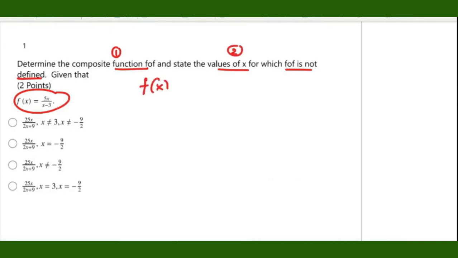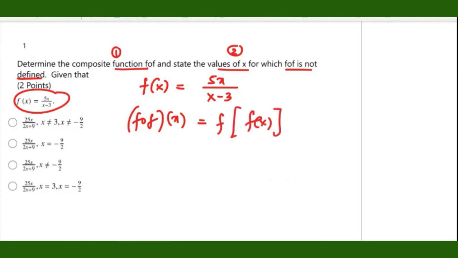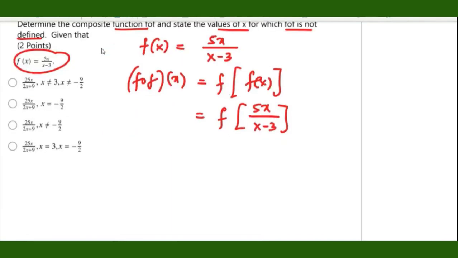Given f(x) is 5x over x minus 3, f of f means we substitute function f(x) into f(x) itself.